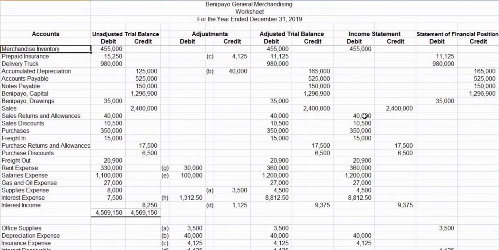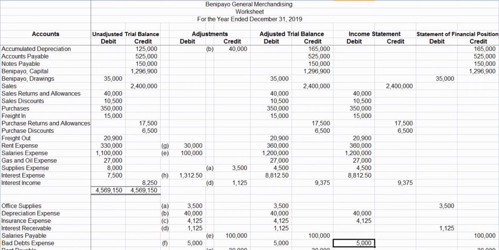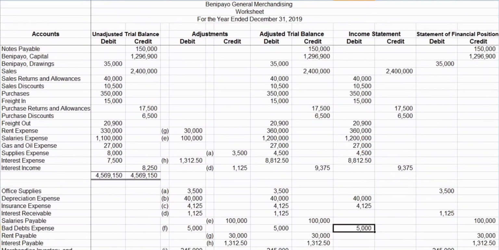After that, credit also 40,000 sales returns and allowances. And likewise, credit these sales discounts for 10,500 and so on and so forth up to this last amount of 5,000 under the debit column of the income statement.